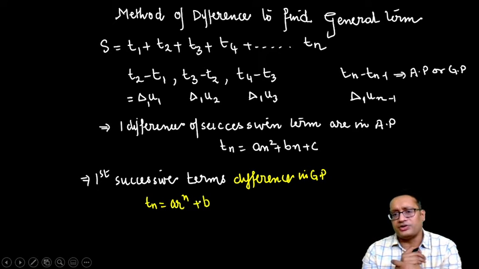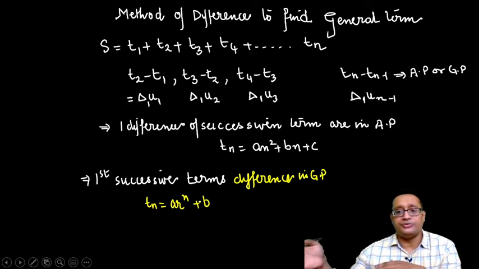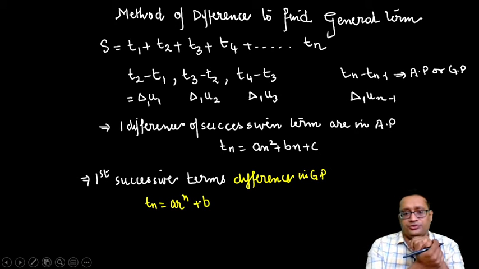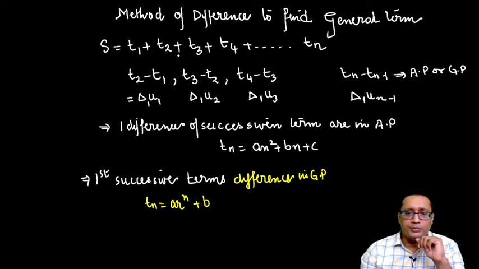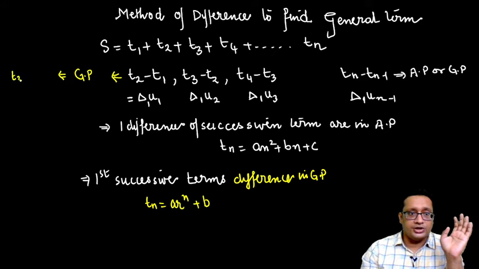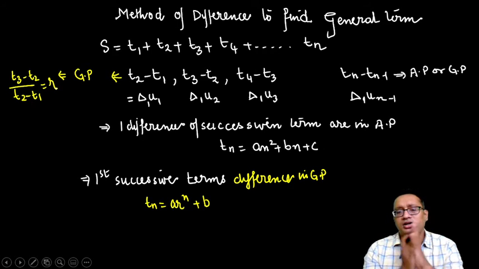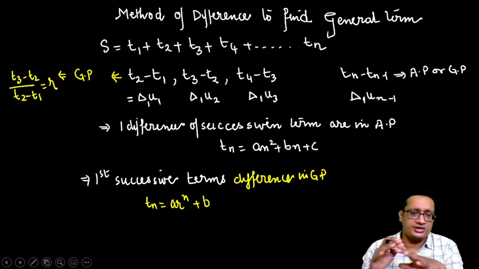R is the common ratio of the successive term differences which become a GP. Means T2 minus T1, T3 minus T2, T4 minus T3, the last being Tn minus T(n minus 1), become a GP. So obviously there will be a common ratio, (T3 minus T2) divided by (T2 minus T1). This is r, the common ratio of the successive term differences which are in GP.